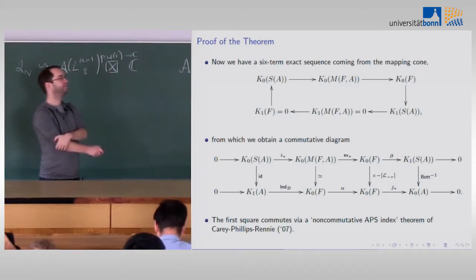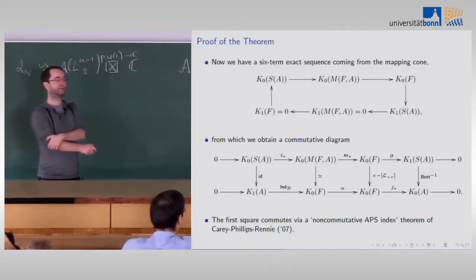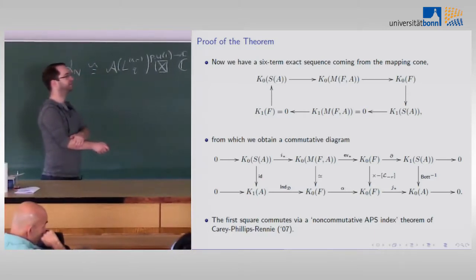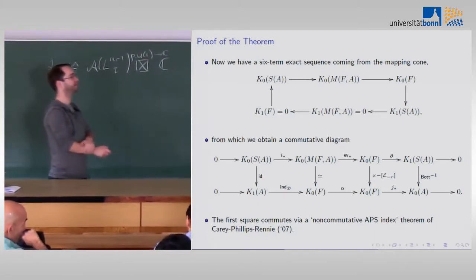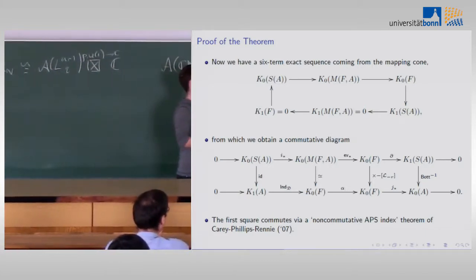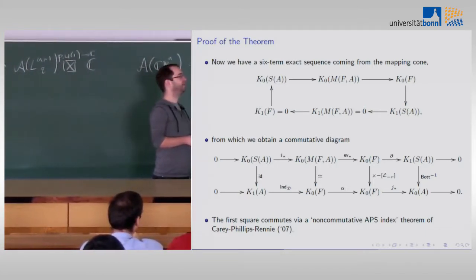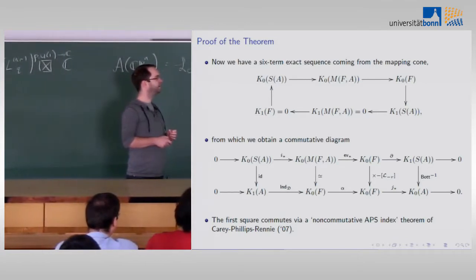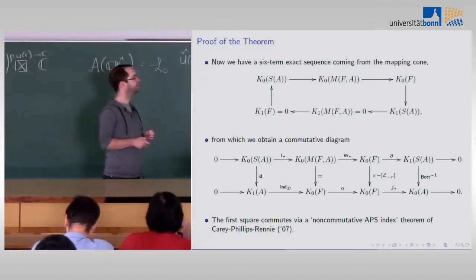This is an isomorphism. I won't tell you what it is, but these two things are isomorphic. The K0 of the mapping cone is the same as the K-theory of the fixed points. This square commutes, and this is, again, what I think is, I don't think, no, that should be 2010, sorry.